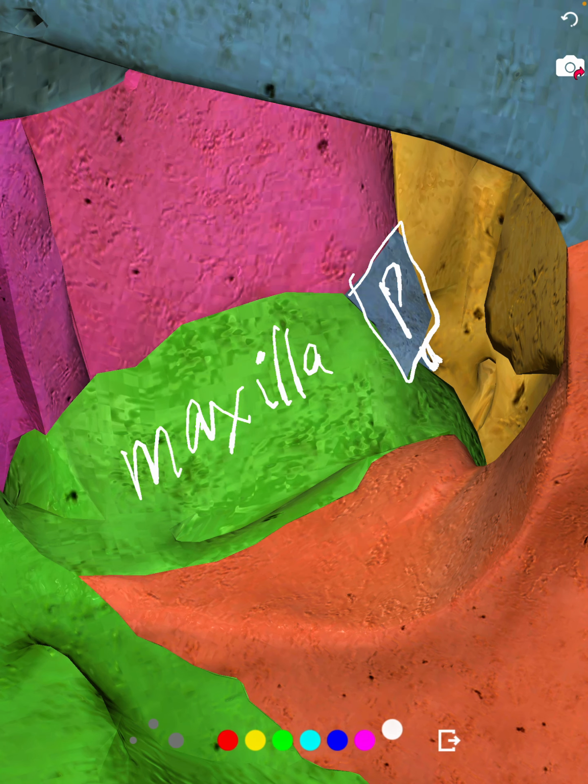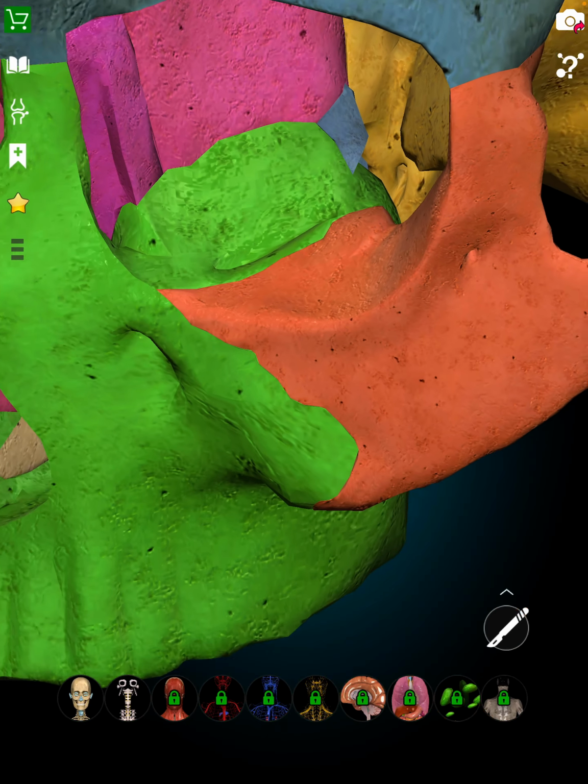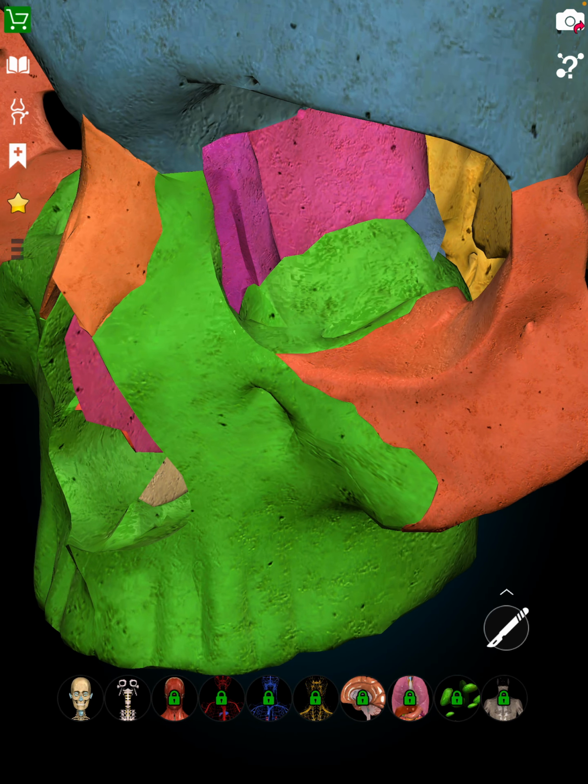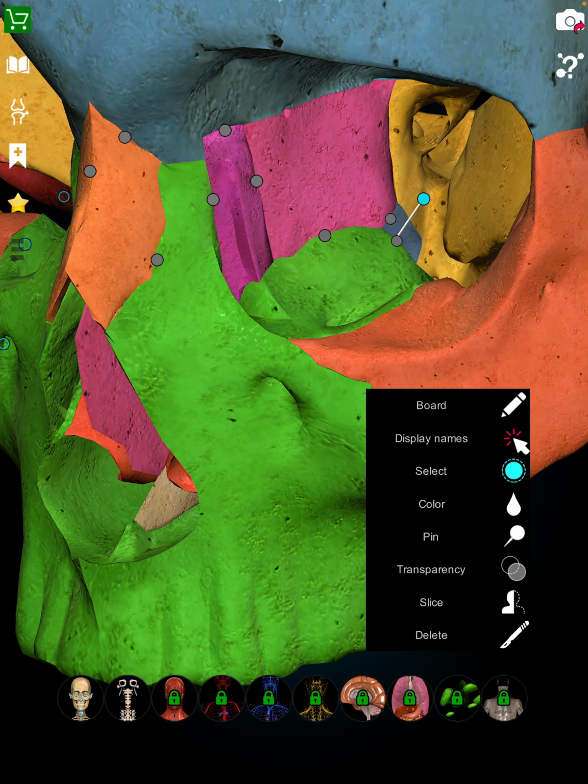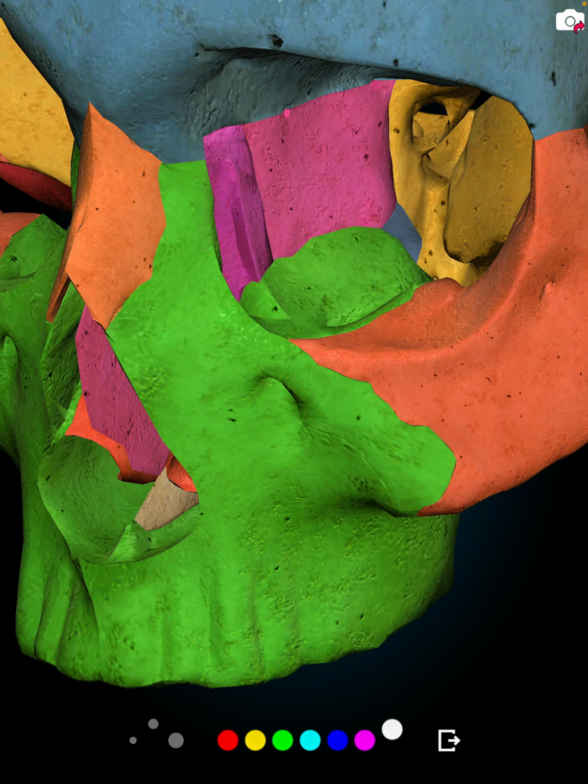So your inferior wall is made up of what bones?